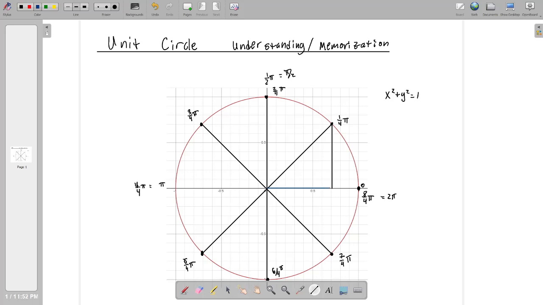Our x value will be this distance, and our y value will be this distance. In order to plot a point in the unit circle, remember, you move horizontally an x distance and vertically a y distance. So if I wanted to plot this point, I would need the coordinates, which we're going to find in a second. I would move over the x amount and up the y amount. This angle is pi over 4 radians, or 45 degrees.